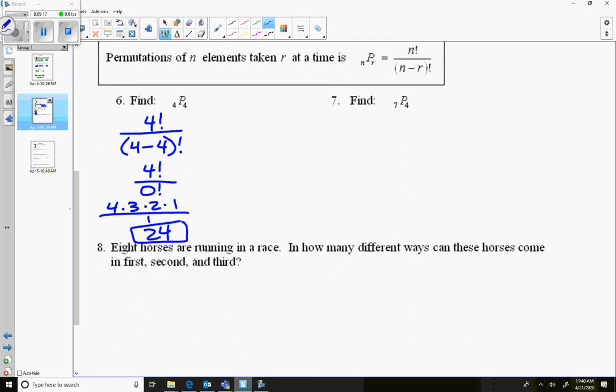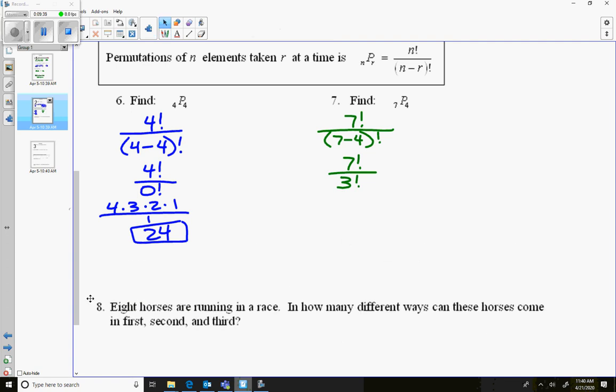Now this one though, slightly different. 7 choose 4. So we're going to have 7 factorial divided by 7 minus 4 factorial. In other words, 7 factorial divided by 3 factorial, which leaves us with 7 times 6 times 5 times 4 times 3 factorial being divided by 3 factorial.